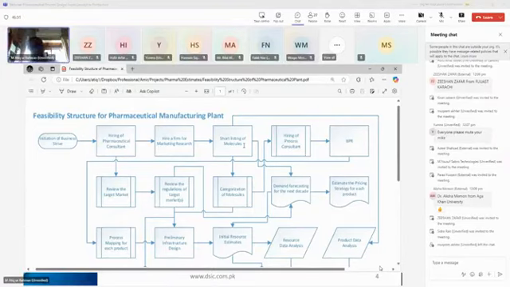So it's a trade-off between the competencies and the marketing revenue. If you select some complex molecules, then definitely you will get a good return on investment.